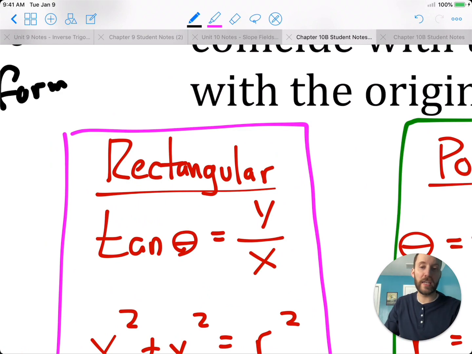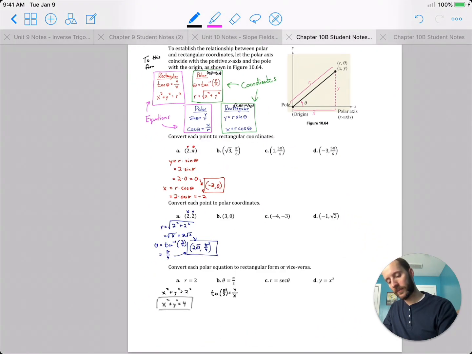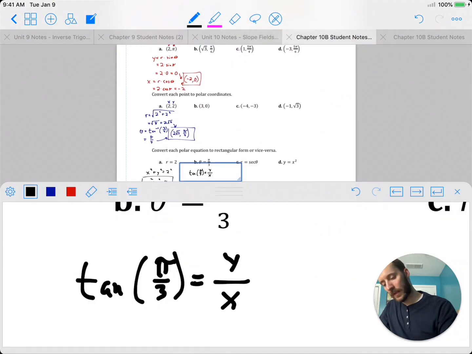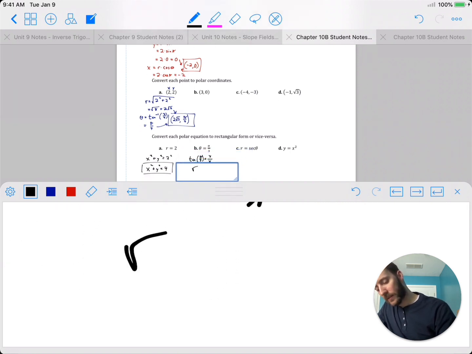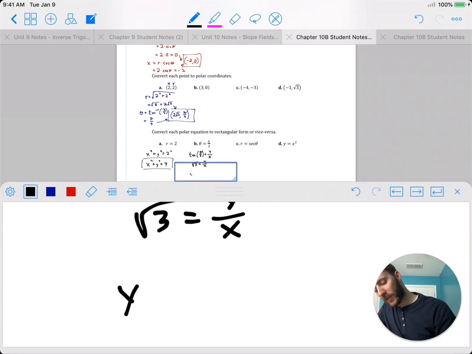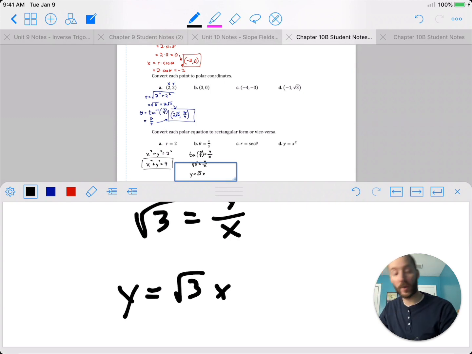Tangent of theta equals y over x. So tangent of pi over 3 is root 3, equals y over x. Multiply by x, y equals root 3 times x. So a line with a slope of root 3.